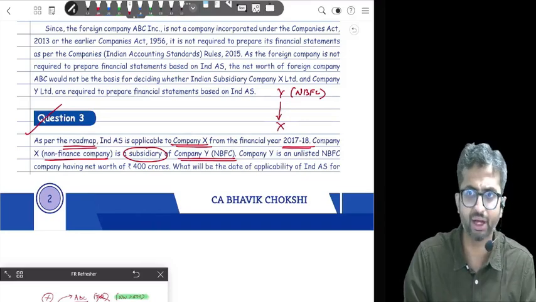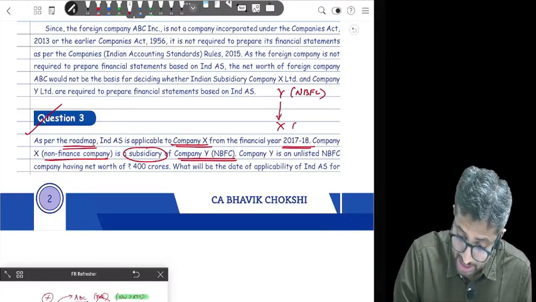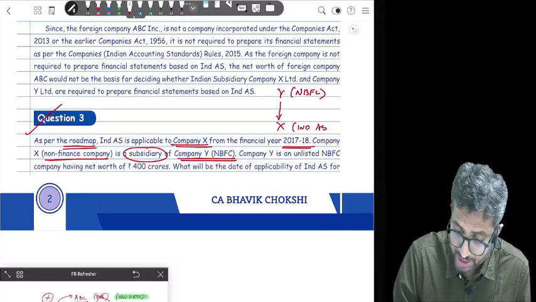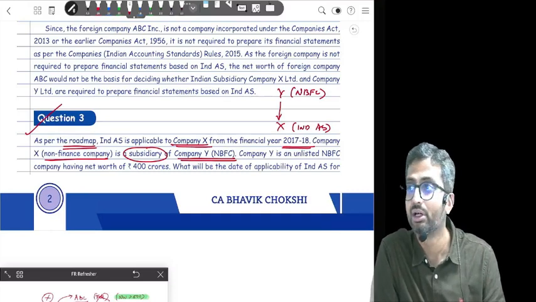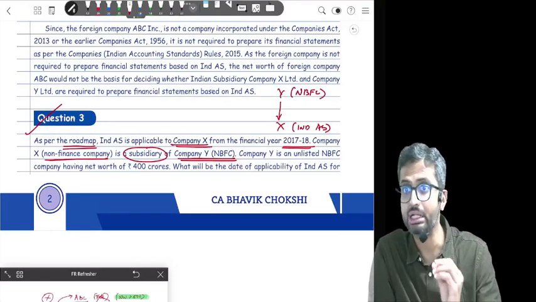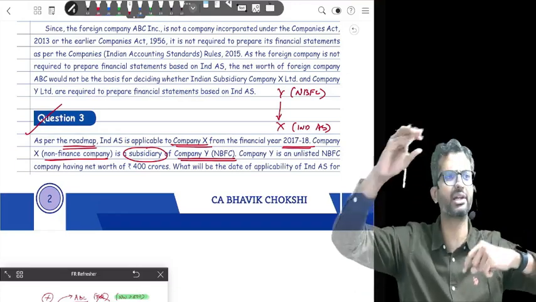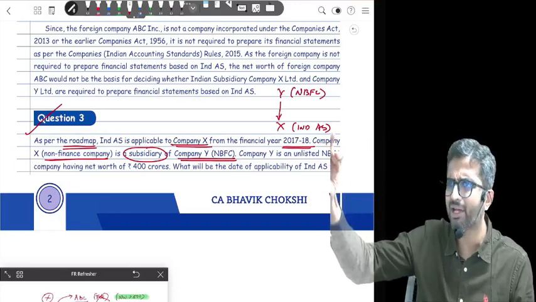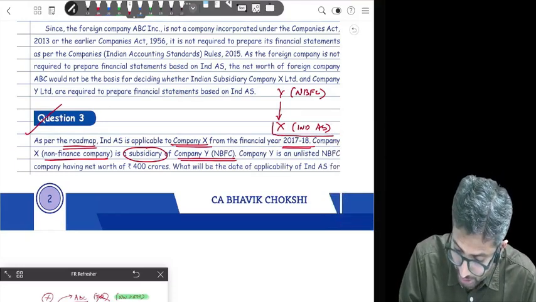Now, let us say we have no details of Y's net worth. X is complying with Ind AS. Will Y have to follow Ind AS? It's an NBFC. Sure? Think and answer. Will it have to? Forget everything else. Due to the group structure, let's say it is an NBFC, let us say it is a bank, let us say it's an insurance company. My subsidiary is following Ind AS.